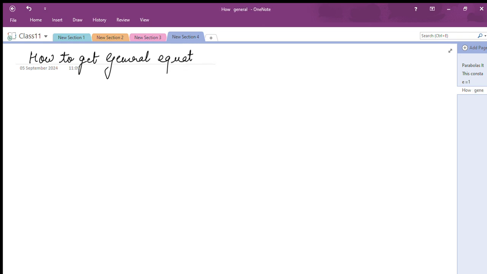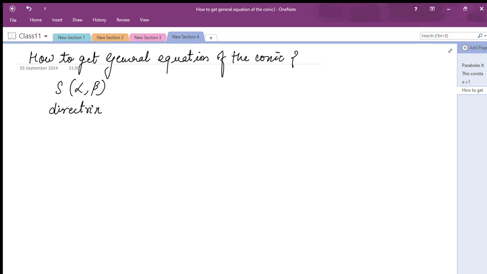If you try to find the general equation of the conic with focus given as S equal to the coordinate alpha comma beta, and directrix ax plus by plus c equal to 0, and eccentricity 1 because it's talking about the parabola.